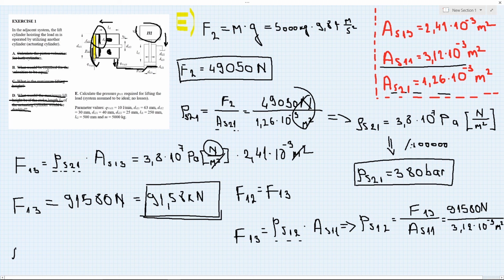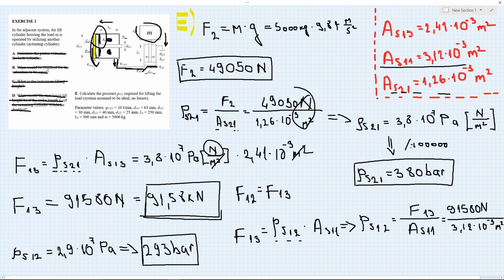So pressure 12 is going to be equal to 2.9 times 10 on the 7th pascals, which is 293 bars. So we have to make a pressure of 293 bars so we can push this piston rod and piston right so it can push this load up.